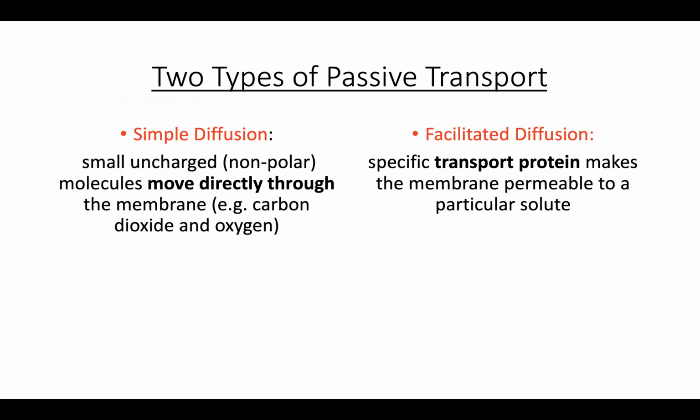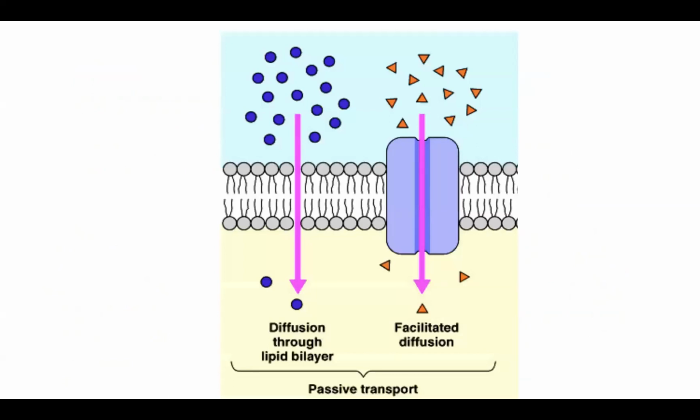So passive transport: simple diffusion and facilitated diffusion. Facilitated diffusion is through the assistance of membrane proteins, the carrier proteins and transport proteins. And in simple diffusion, molecules can randomly move through the lipid bilayer without any assistance. These are forms of passive transport.